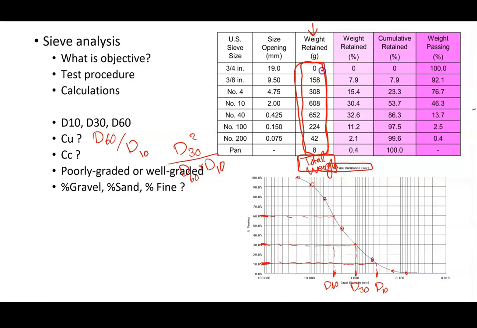Then you divide each one of these numbers by the total weight and you calculate weight retained percentage. Then you need to calculate cumulative retained percentage. And finally, you need to calculate percent passing or weight passing from each sieve.